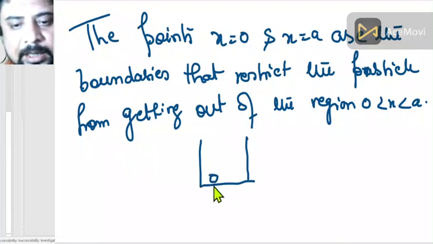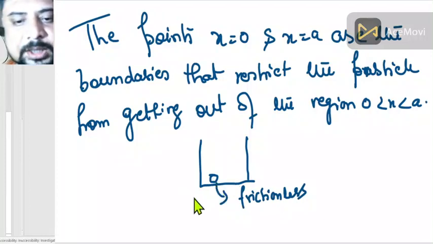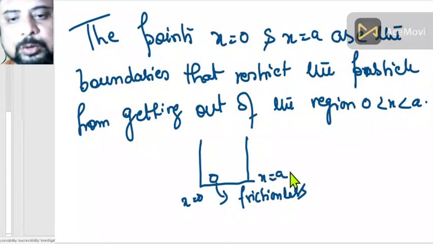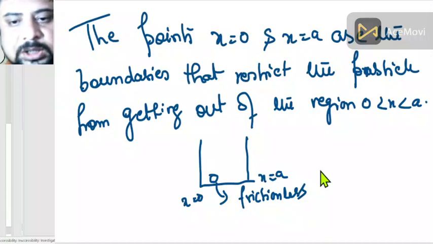So you can imagine something like this, that it is a box and you have a ball here. The surface of the box is frictionless, so you are neglecting any additional external force, and the ball is moving between x equal to 0 and x equal to A. It is just moving to and fro.